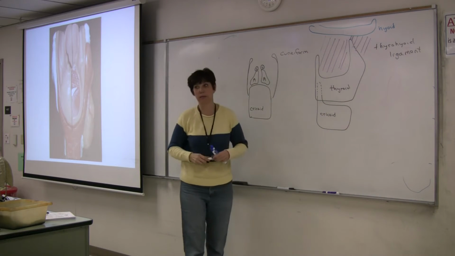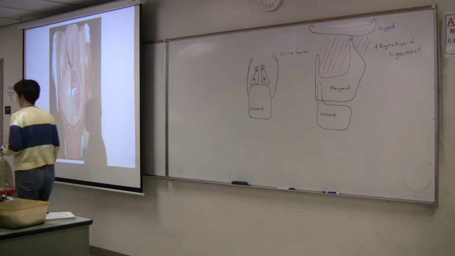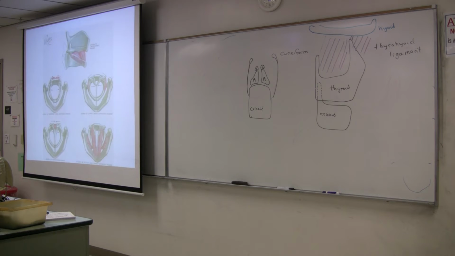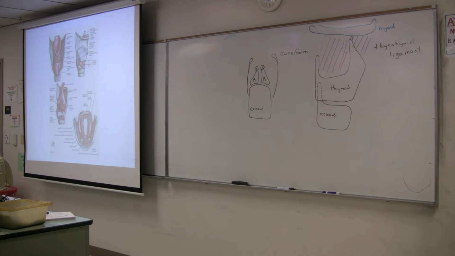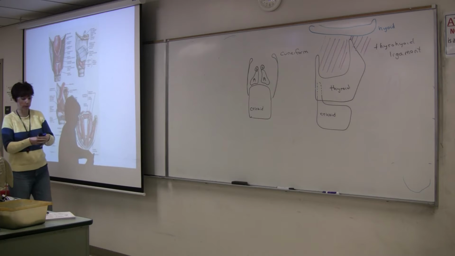And then we have muscles between the various cartilages that help to move the cartilages or move the vocal ligaments as we change the pitch or the amplitude of the voice. So the first one is between the cricoid cartilage and the thyroid cartilage.